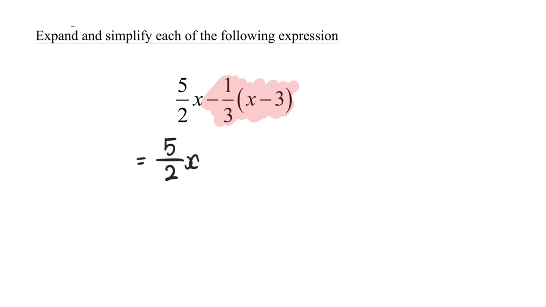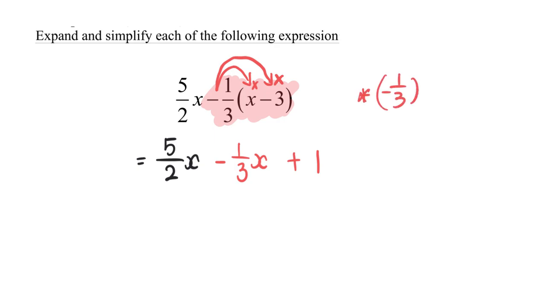And you must see this as negative 1/3 multiplied by x is negative 1/3 x. Negative 1/3 times negative 3, positive 1. So I repeat, I must see it as negative 1/3 multiplied by negative 3. This will give me my positive 1. Okay?